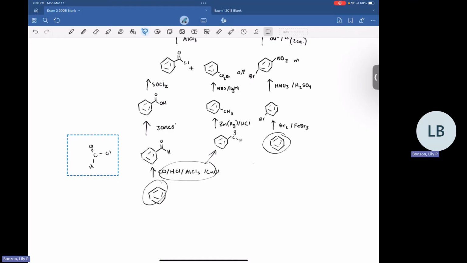Because a lot of people would like to just do Friedel-Crafts acylation to add this onto the benzene to form benzaldehyde. But this molecule is not stable and it's one carbon. So she's accounting for that in her instructions. So you can't be like, oh, well, it could form maybe and blah, blah, blah.